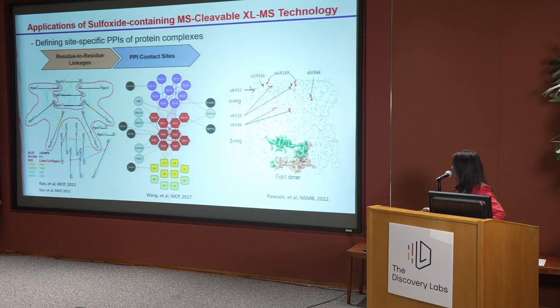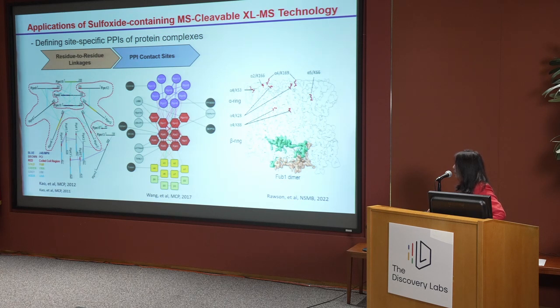When we published this work in 2012, before we started the work, there was no atomic resolution structure of the 26S proteasome available. At the time when I tried to publish this work, 2 papers came out with the cryo-EM structure. But nonetheless, the cross-linking data we obtained matched very well with the existing structure.